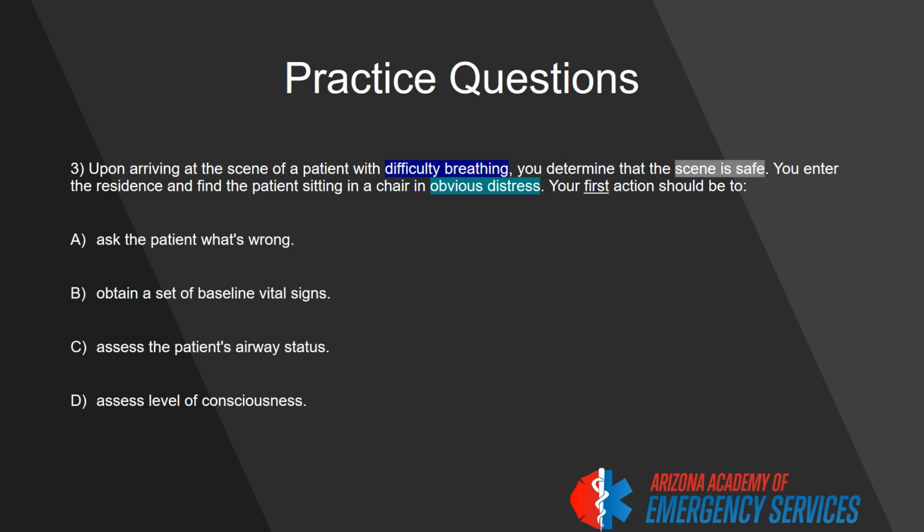Your first action should be to, you see how I underlined first. I didn't in the previous slide, but I wanted to see if any of you were going to catch that descriptive factor. And again, with these registry questions, you've got to pay special attention to those.